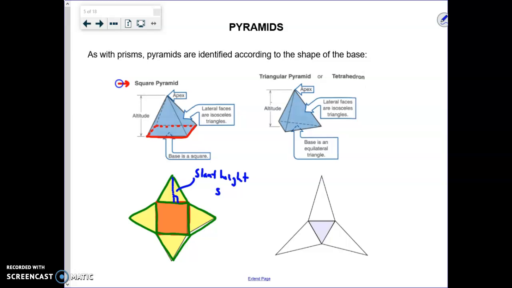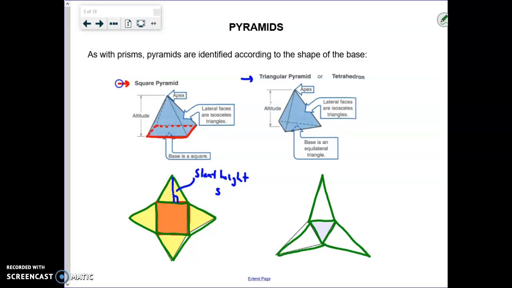Okay? And on the second picture we have a triangular pyramid, or we call it a tetrahedron. Here, shaded, is your base. Let me use the same color I did before. Here's your triangular base. And then here are your 3 isosceles triangles, which are your lateral faces.